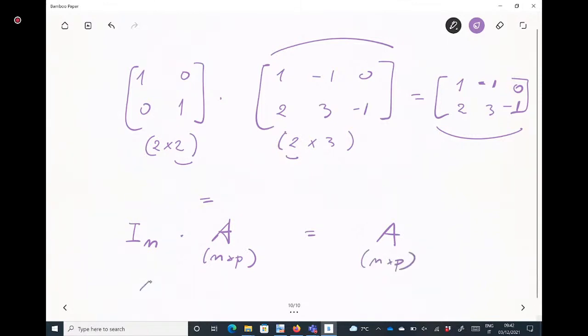Like for numbers, 1 times A is equal to A, okay? Clear? Identity matrix plays the same role as the number one for matrix multiplication. So it is called the neutral element of matrix multiplication. Another thing, suppose that you want to multiply this matrix.